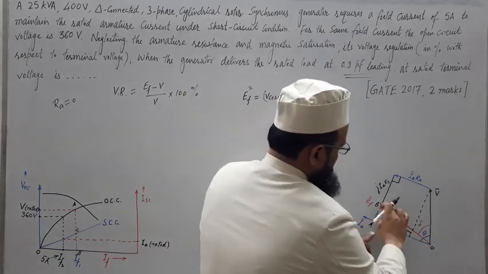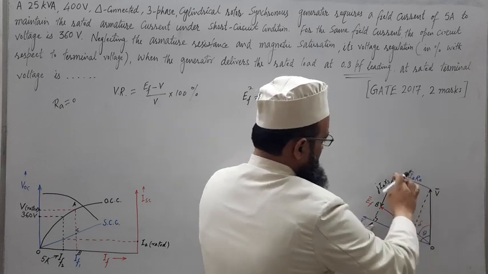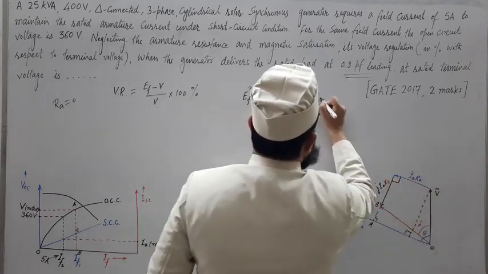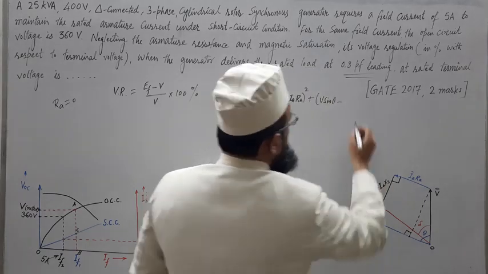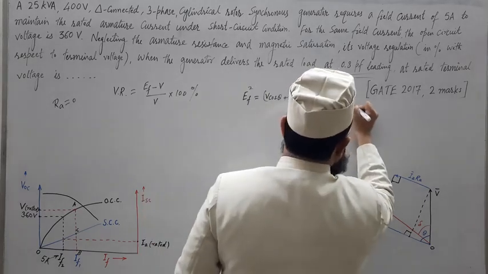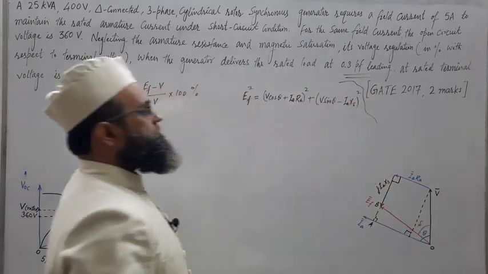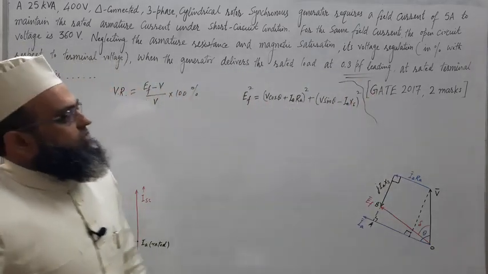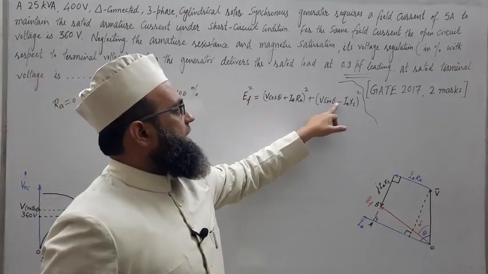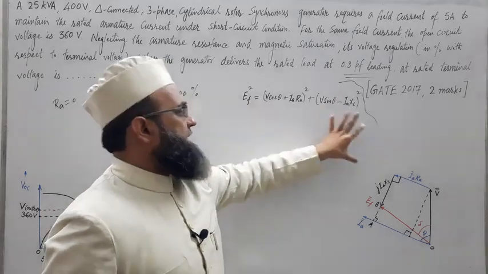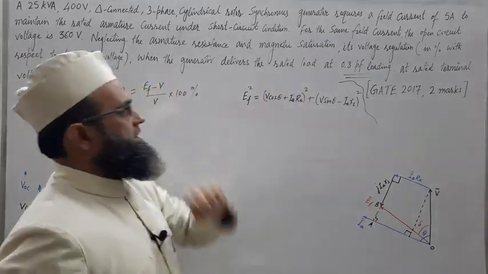This is square plus this is square, and this is nothing but V sin theta. So this is V sin theta minus IXS, square. Fine. For lagging power factor, you might be remembering the sign here will be plus instead of minus. For leading power factor, this is the formula to get EF.